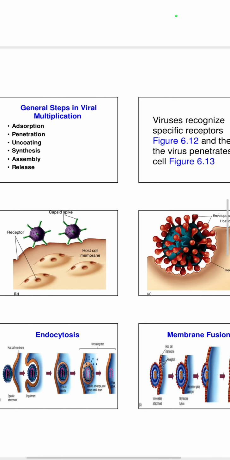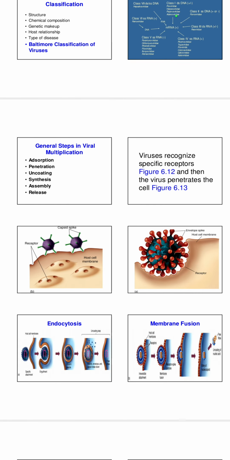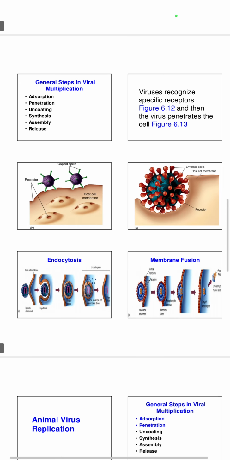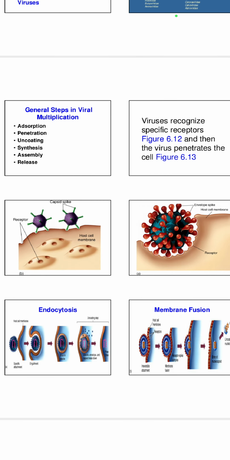in viral multiplication. These are adsorption, penetration, uncoating, synthesis, assembly, and release. From figure 6.12 and figure 6.13, it shows that viruses recognize specific receptors, and then the viruses penetrate the cell in figure 6.13.